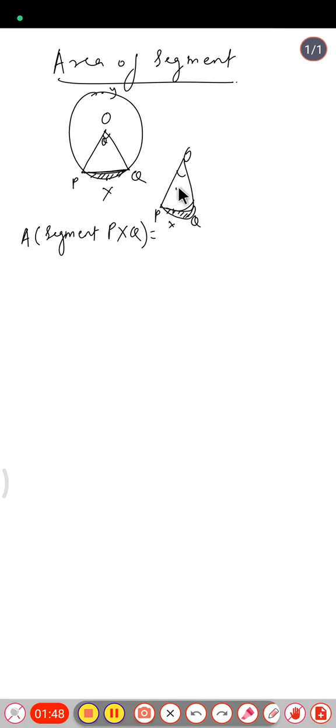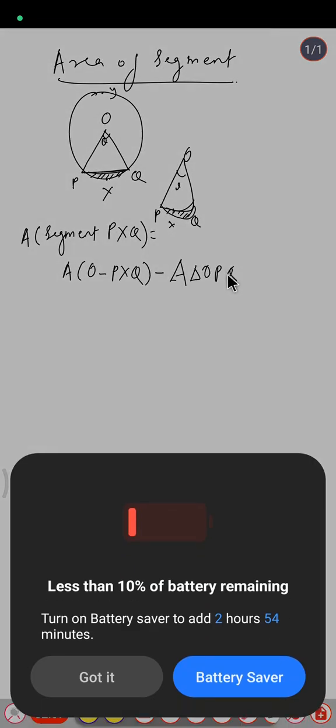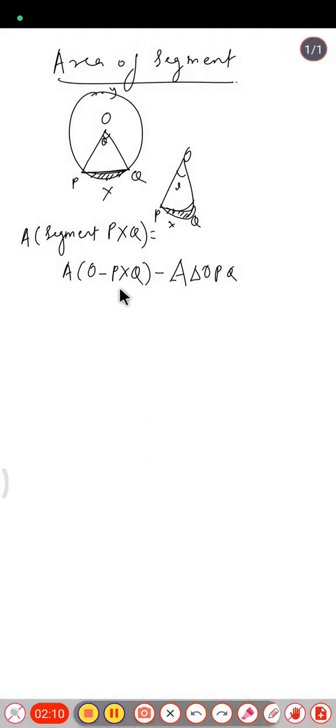So here it's angle theta. As we know, it's area of sector OPXQ, right, minus area of triangle OPQ.